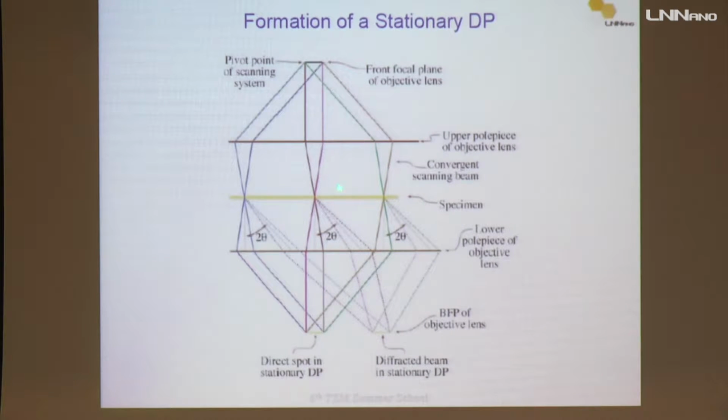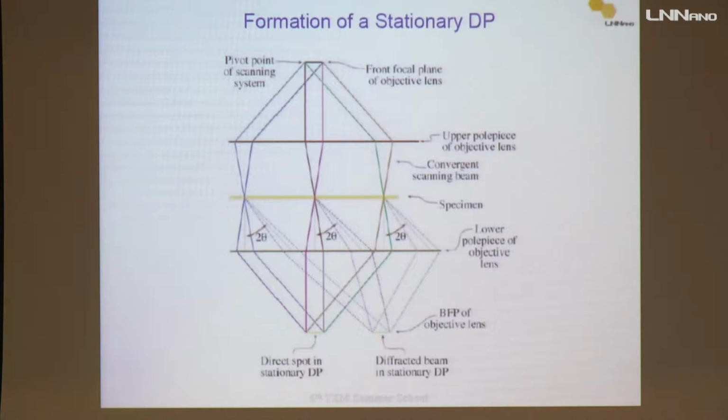Well, here is some idea, again, about the way it scans your sample, okay, your specimen. You will always have the diffracted spots fixed related with the optical axis, okay?